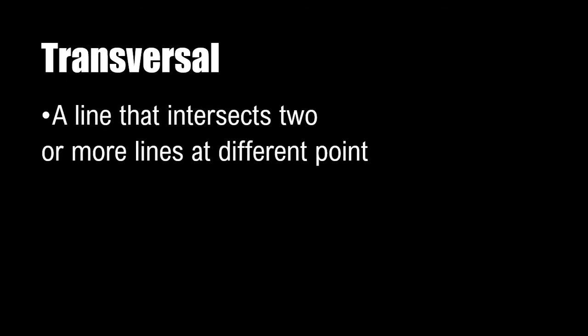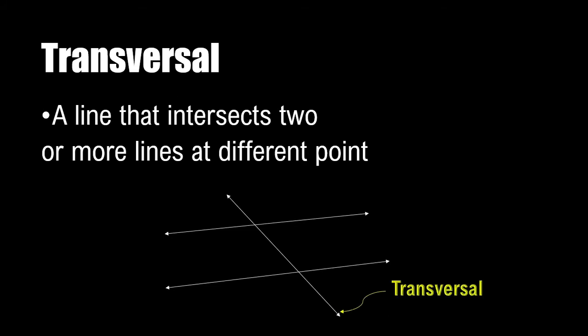Next is transversal. So ano ba yung transversal? It is a line that intersects two or more lines at different points. So in illustration, this line or yung line na naghati sa ating parallel lines, yan yung tinatawag natin na transversal. But take note that a transversal is not only the line which cuts parallel lines.